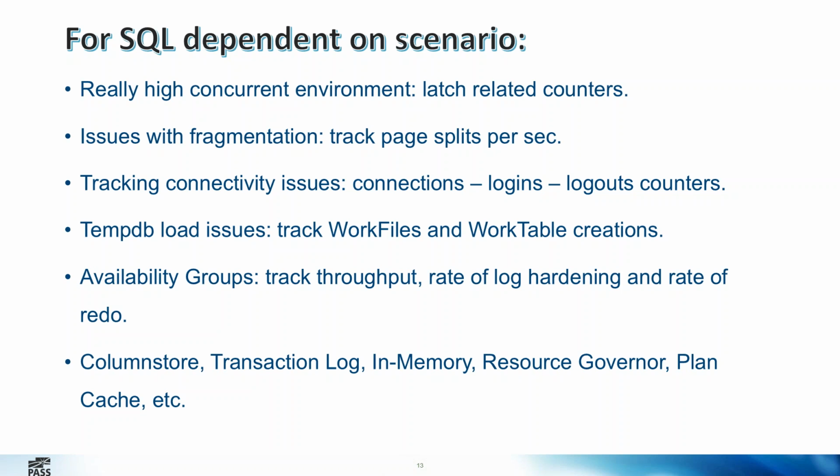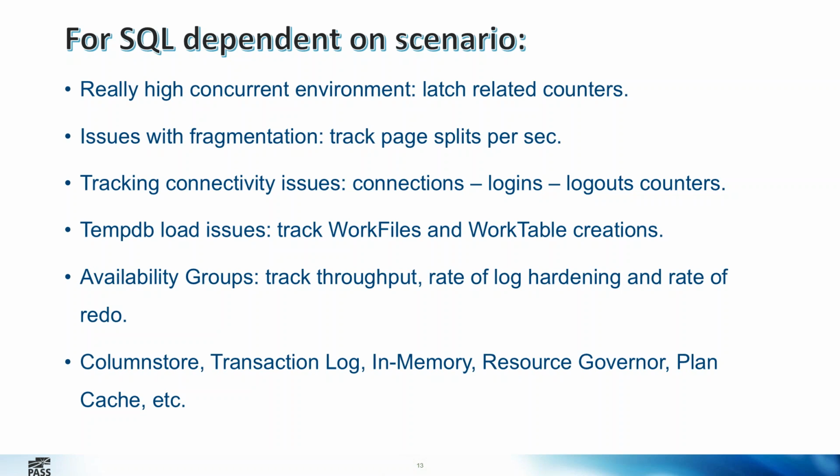If you're tracking connectivity issues, like I said, we always track connections, but maybe you want to track login and logout attempts per second as well and see if there's some deviation from the baseline. If you're having tempdb issues, like tempdb is super overloaded and you want to figure out where that's coming from, you could track the work file creations and work table creations per second, which just track operations that are happening inside tempdb.